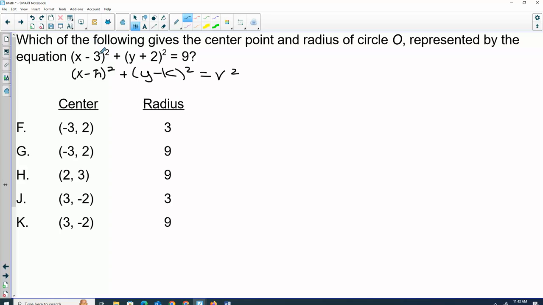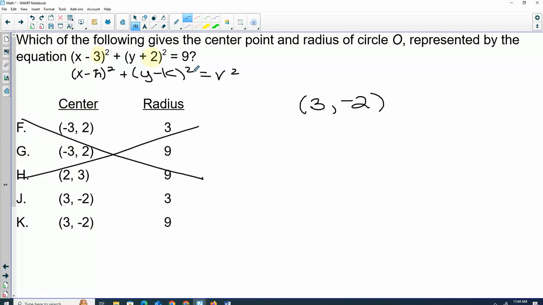So we have to figure out our h and k. The formula has the minus in it, so my x value of my center is just 3. Since it should be minus here, what's the y value? Negative 2. So the point is 3, negative 2. So it's one of the last two. 9 is my radius squared, because in the circle formula everything's squared, so the radius is 3.